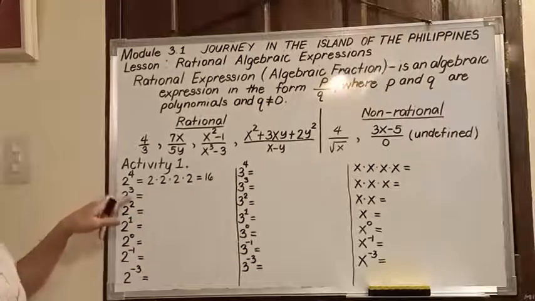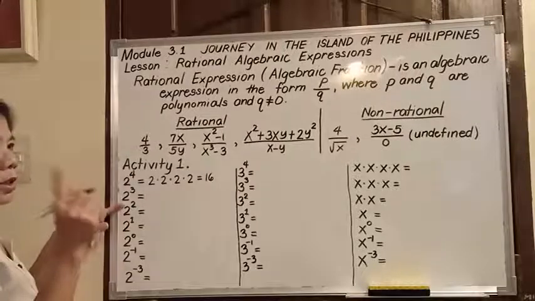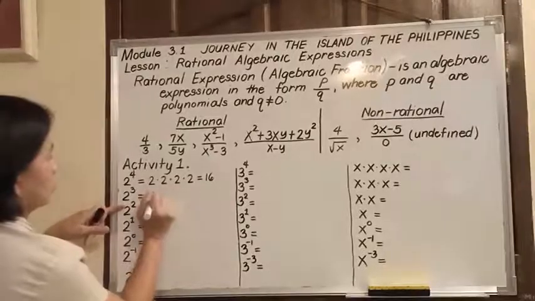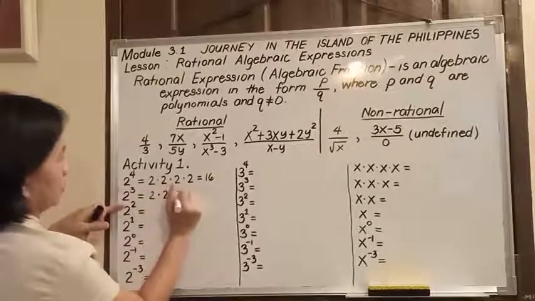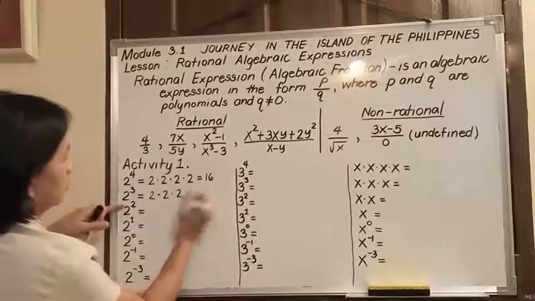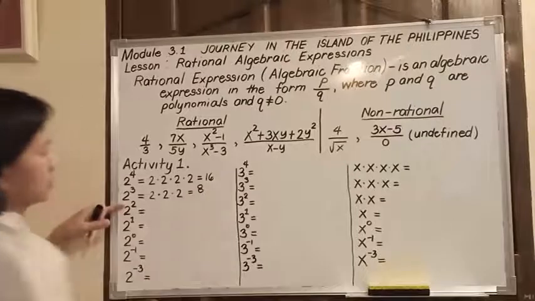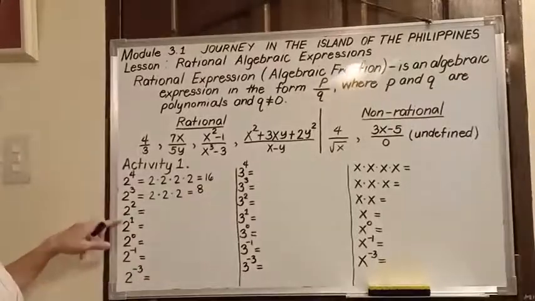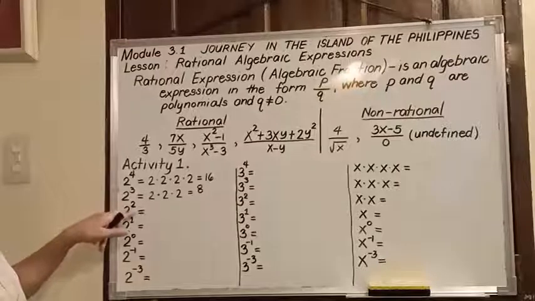How about 2 to the 3rd power? The same base. How many 2's do we have now? There should be 3 2's. It is 2 times 2 times 2. 2 times 2 is 4, times 2 is 8. Okay, next, the same base, we have 2, exponent this time is 2.